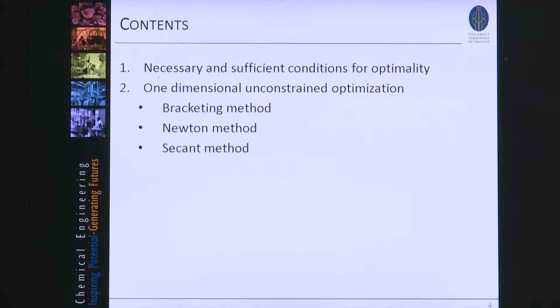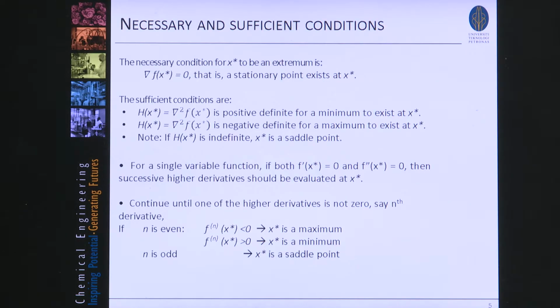I'll briefly repeat the necessary and sufficient conditions for optimality, and then we have several methods to solve the one-dimensional, or one-variable, unconstrained optimization. The necessary condition for optimality is that the first derivative equals 0, right? If you set it equal to 0, you can find the x value that either maximizes or minimizes that function.